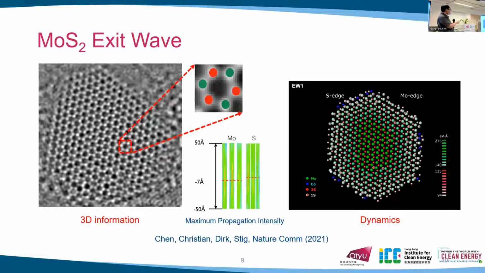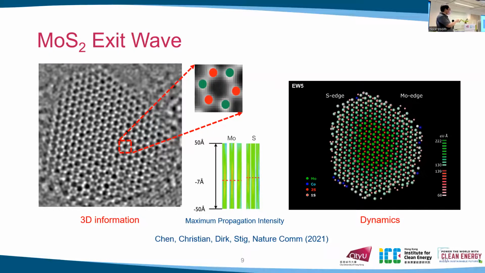The maximum intensity of the propagated wave means the position of the exit plane. According to this criterion, we can determine the 3D position of each atomic column. And because we use different periods to reconstruct the exit wave, here we can obtain the dynamics of the nanoparticle.